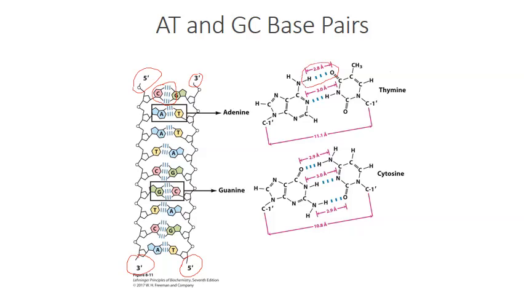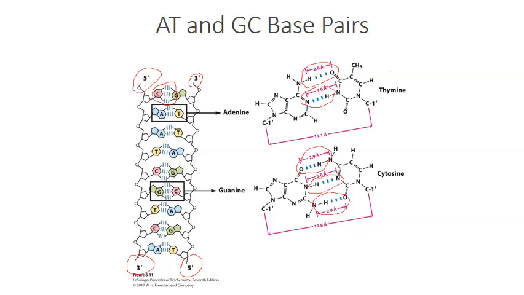If you look a little bit closer, you can see where the hydrogen bonds occur between adenine and thymine. We have 2 hydrogen bonds for A and T, whereas guanine and cytosine has 3. Yes, you need to memorize where these are located. You will be drawing these structures on the final exam.